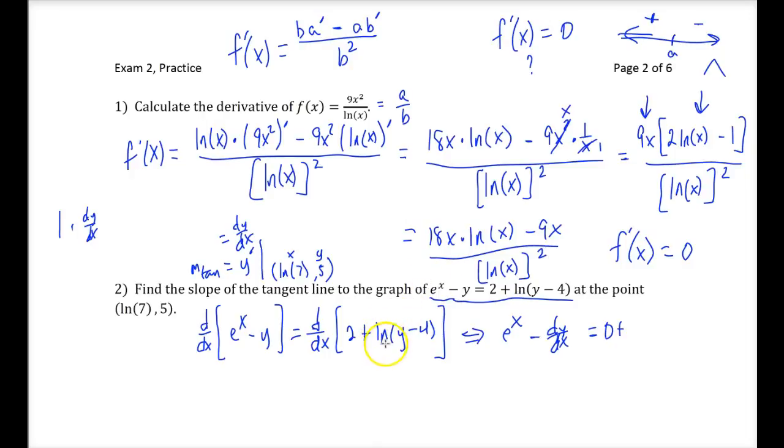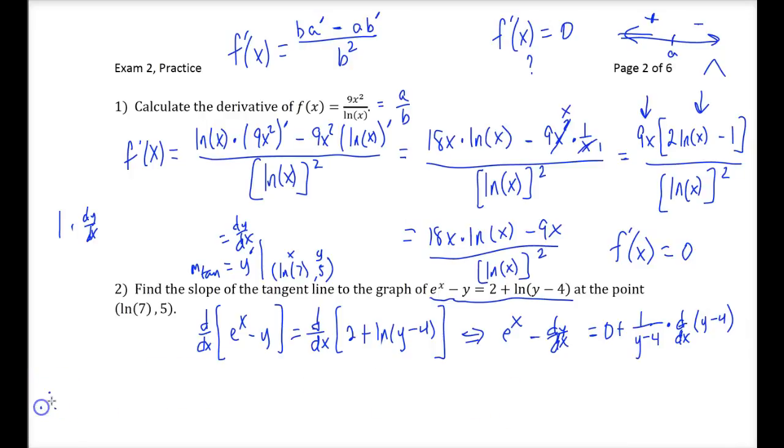So when we take the derivative of this, we would say, what is the derivative of natural log of y minus 4 with respect to y? And that would just be 1 over y minus 4. But then we have to multiply that times the derivative with respect to x of y minus 4. Okay? So that's where the chain rule is being utilized.